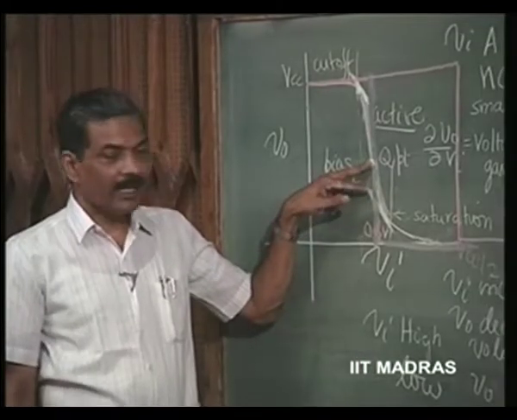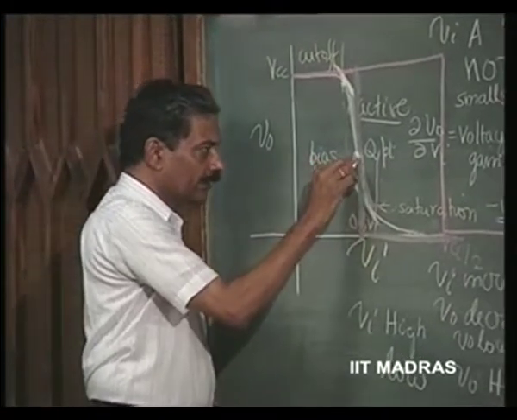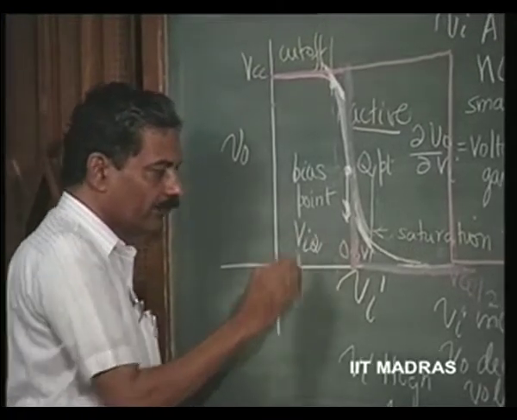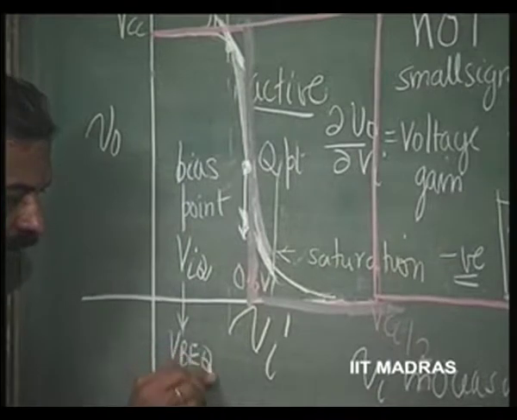So, this has a constant voltage. This voltage we will call VIQ, which is nothing but VBE quiescent.